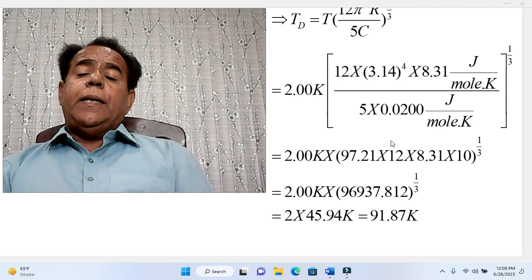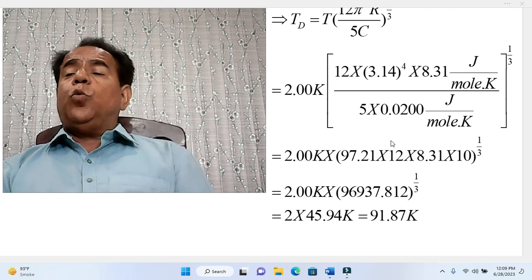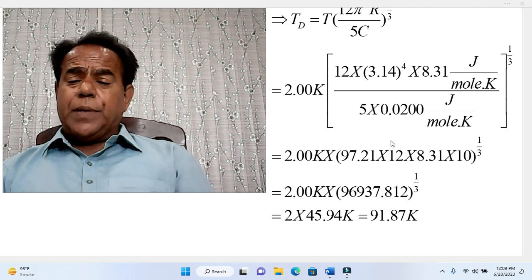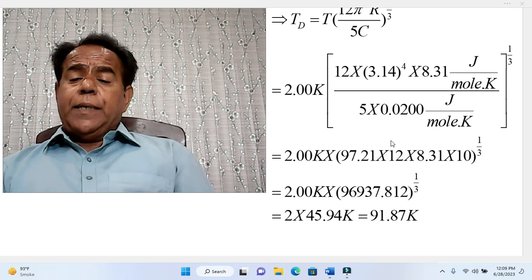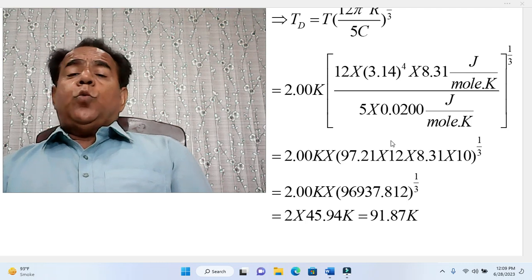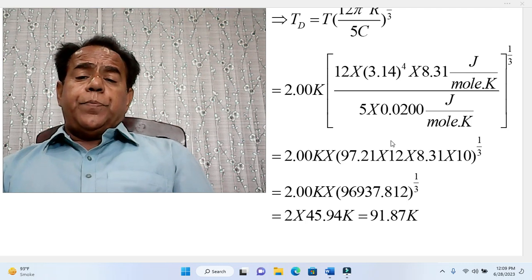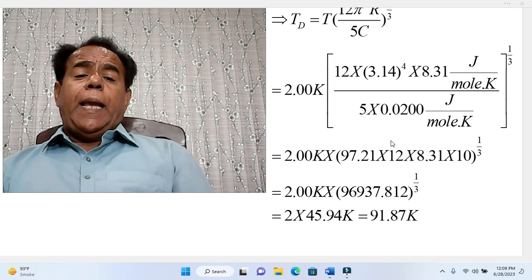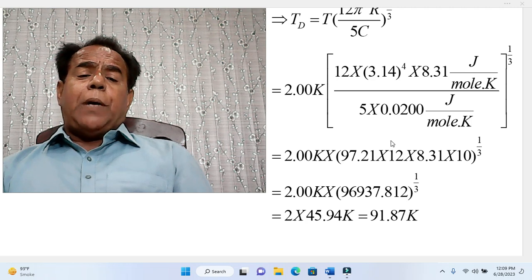Then we will take its cube root, its value from the calculator, 1 by 3. Dear students, 1 by 3 actually means, for example, 2 into 2 into 2 equal to 8. 2 raised to the power 3 equal to 8, and 8 raised to the power 1 by 3 equal to 2.